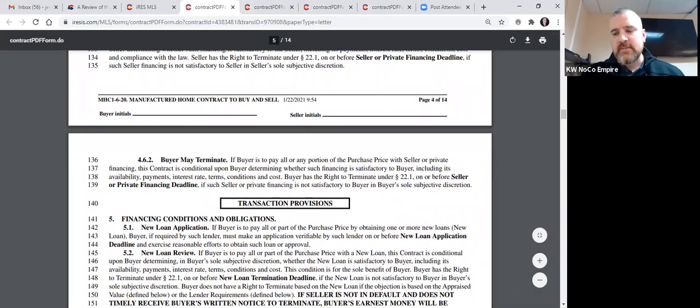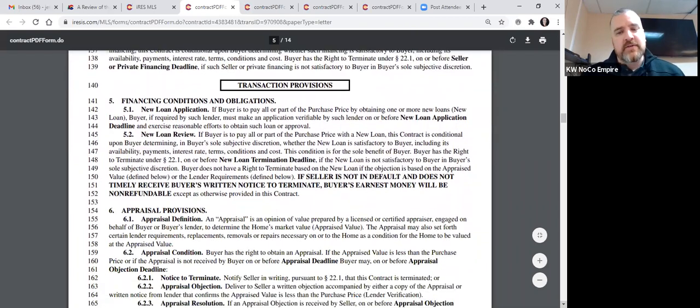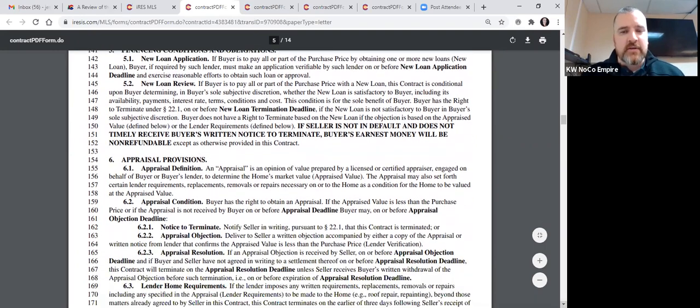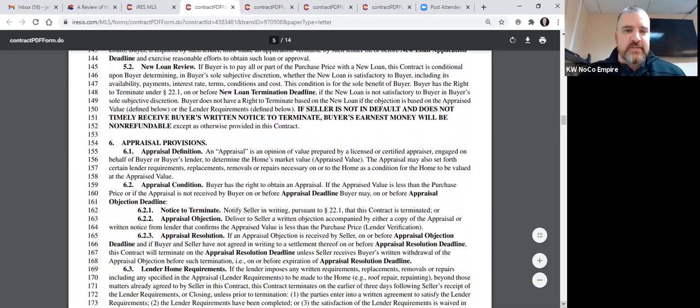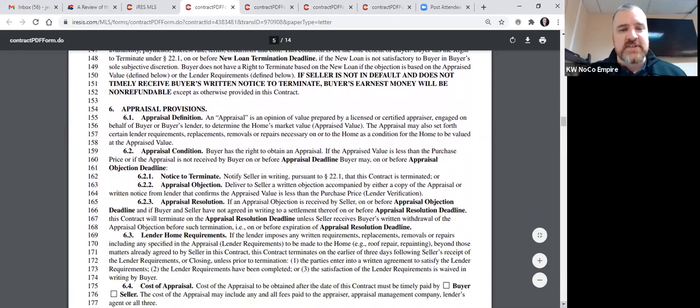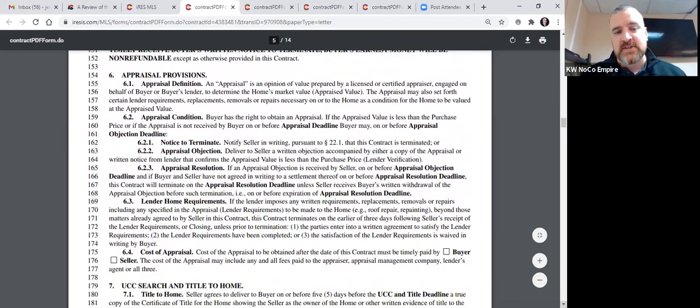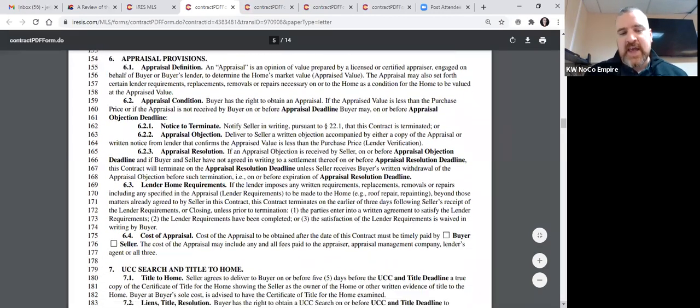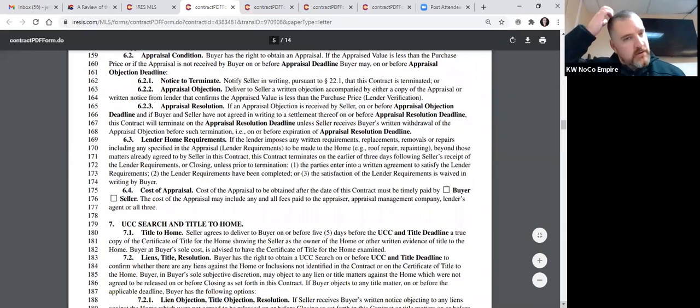Okay. That's all similar. New loan application, again, all this stuff is similar. New loan review, all similar to the contract to buy and sell. There's some very minor differences, but for all intents and purposes, most of these things operate exactly the same as the contract to buy and sell. Appraisal is the same way. Of course, it is conditional upon the buyer if they're getting a loan, right?